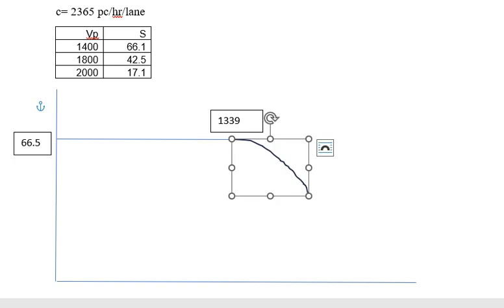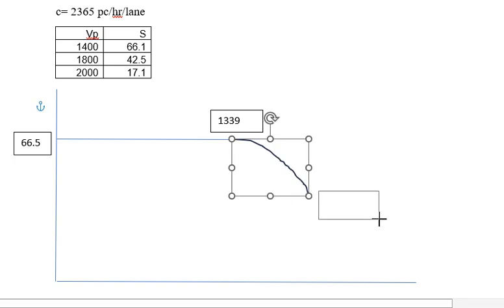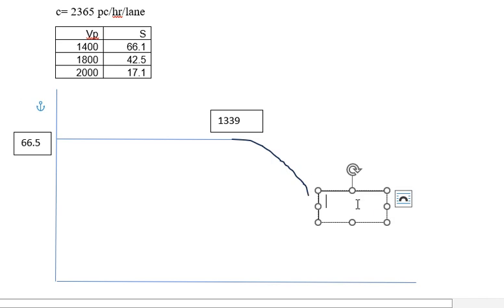So this point I know is capacity, 2365. So 2365 is on the x-axis, because the flow rate and the break point and the capacity are on the x-axis.